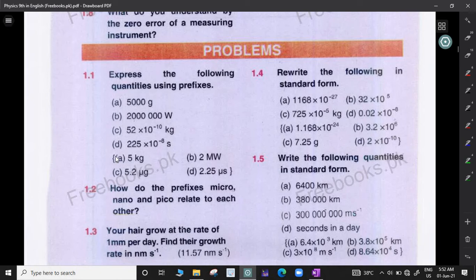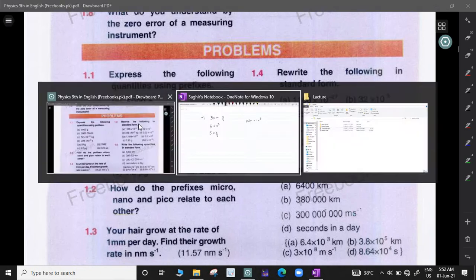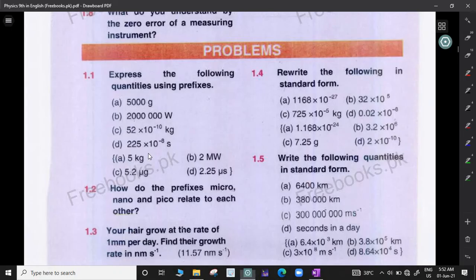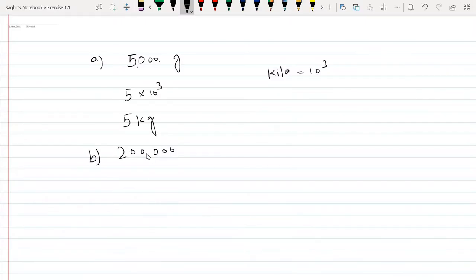Now, 20 lakh. There are two methods to solve this. Here is the point.